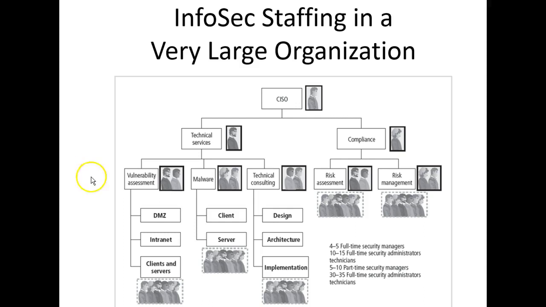As you can see, again, the Chief Information Security Officer sits at the top, and then you have the technical services and the compliance. The compliance group, as we talked about, even in a large organization, is responsible for risk assessment and risk management.